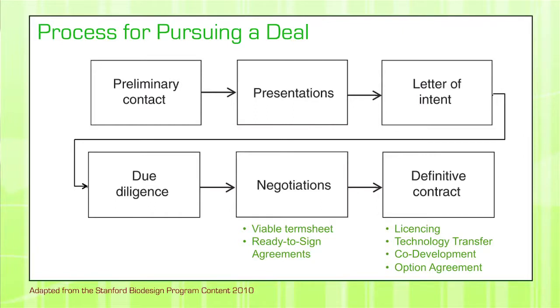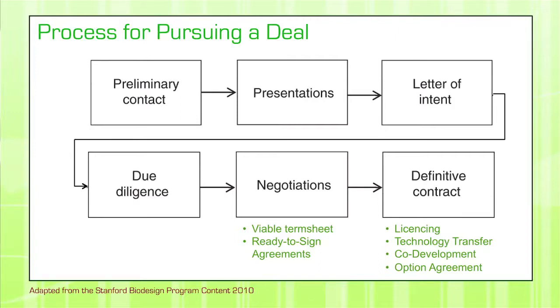After having negotiations and discussing the viable term sheets, and maybe revising some ready-to-sign agreements, you can definitely try to close the deal, having a definitive contract that can be of any of these 4 different schemes.